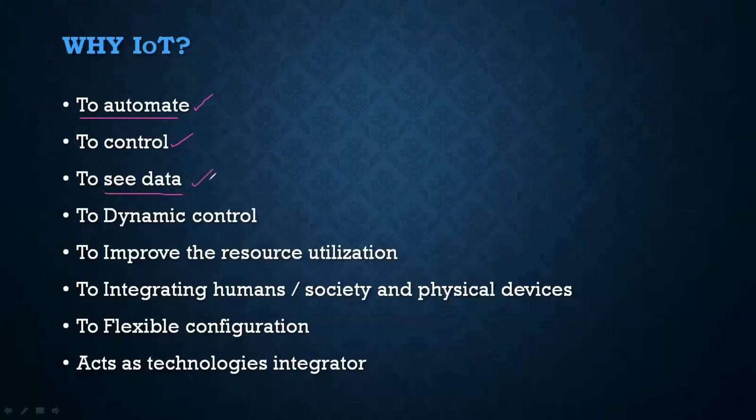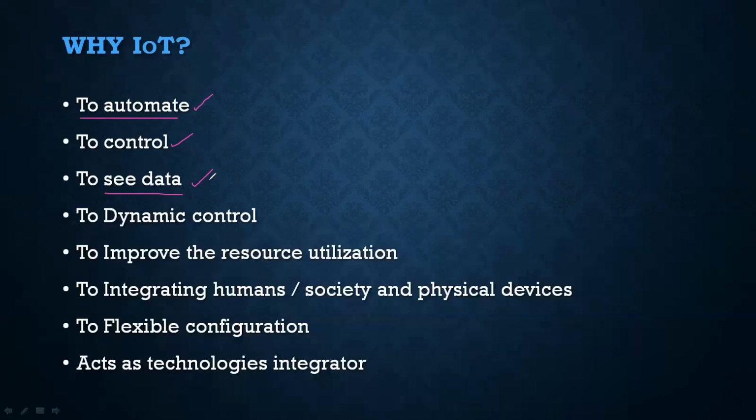Means, so take the same example, washing machine. It will update you time to time: what is the remaining time to finish the washing of clothes, and what is the mode the washing machine is currently running.